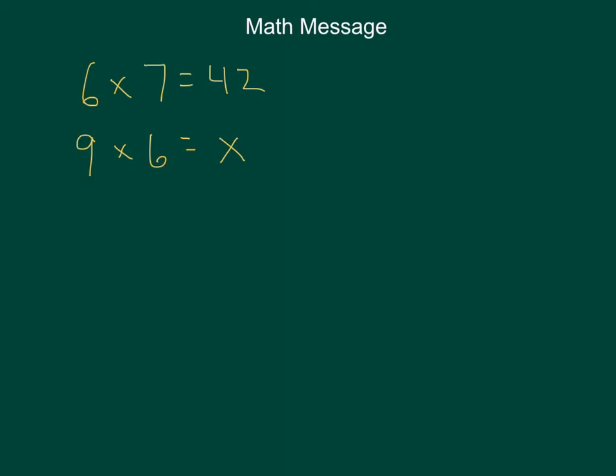One example for a related division fact would be 42 divided by 6 equals 7. That's one example. Now I want you to, on some scratch paper or your whiteboard, hit pause and then write 3 more. One more for this problem, and then I want you to do 2 for this problem.